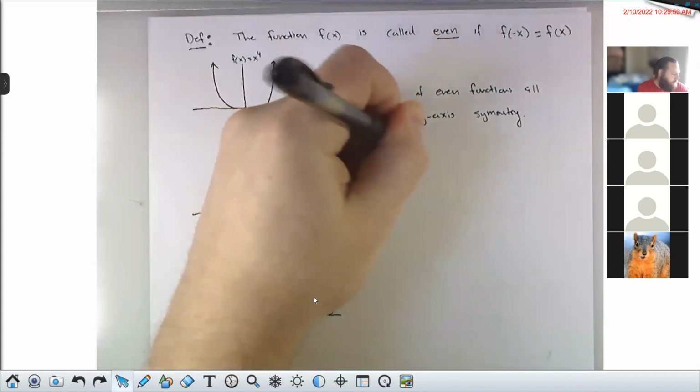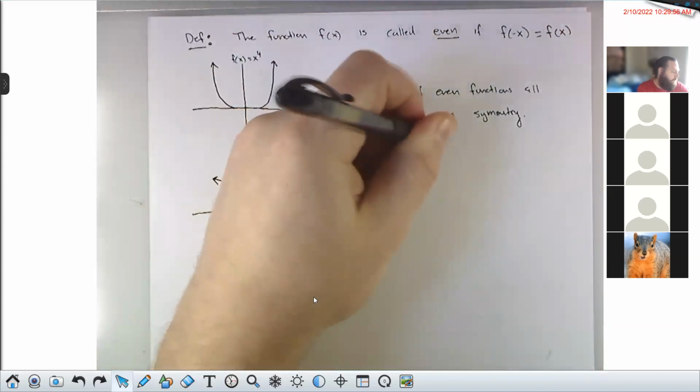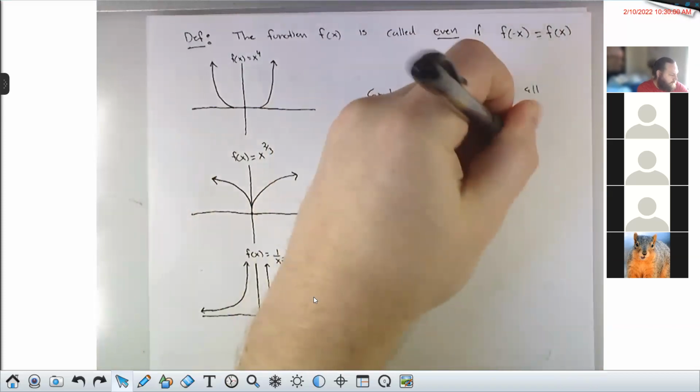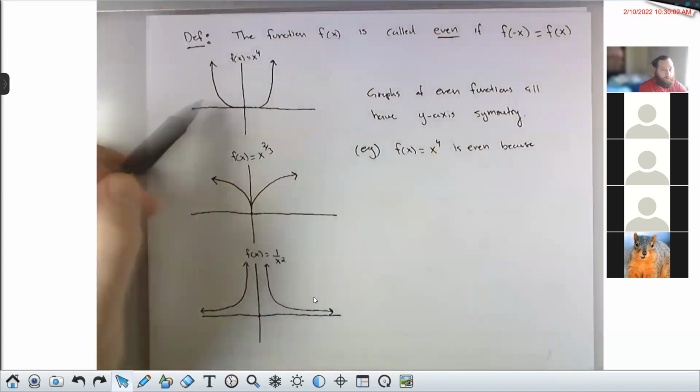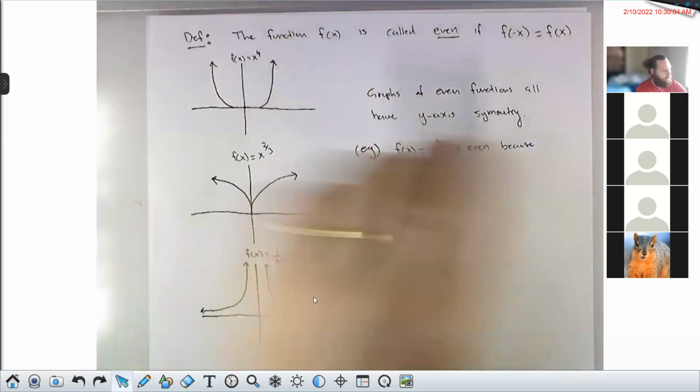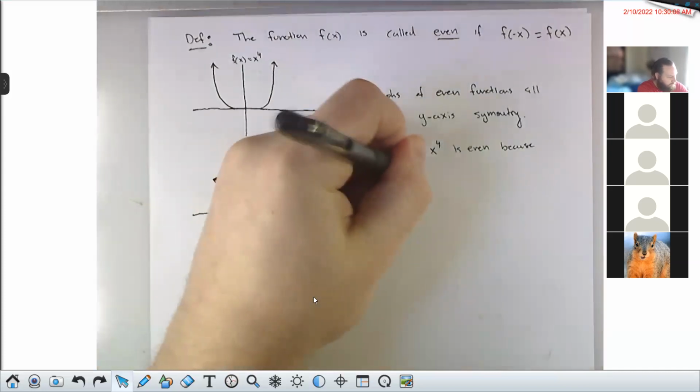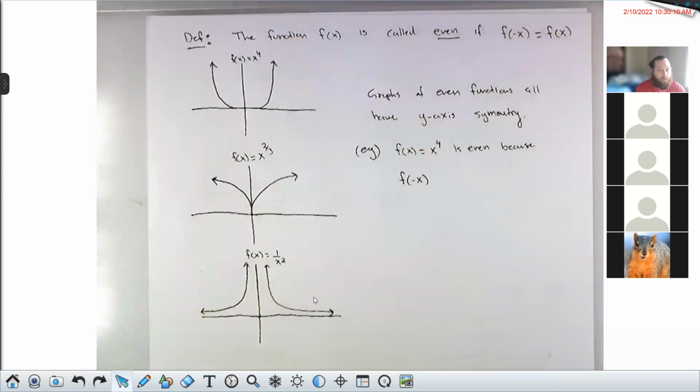F of x equals x to the 4 is even because, you could say, the graph has y-axis symmetry, or if you wanted to use this definition, we can look at what f of negative x is. And this is again where that function notation is very important.